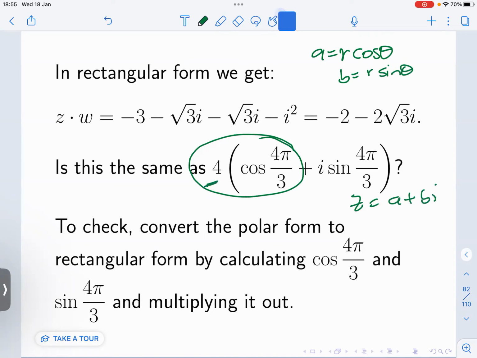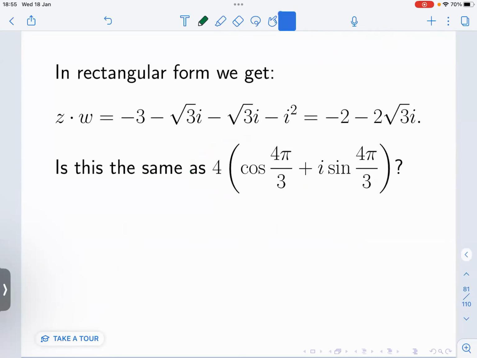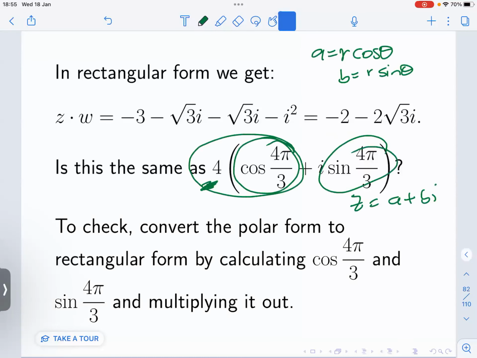There's the value of r, there is cos theta, there's the value of r, and there is sin theta. And then you should be able to get the complex number in standard form or rectangular form. If you do it manually, we see that we'll get minus 2 square root of 3i, and this will give you the same answer as when you convert from polar form to rectangular form.